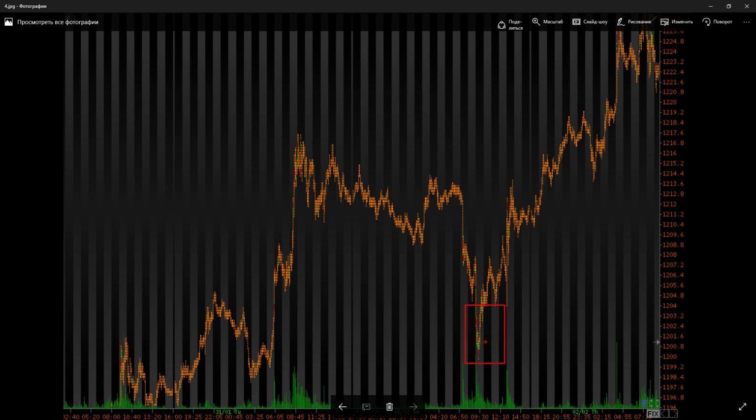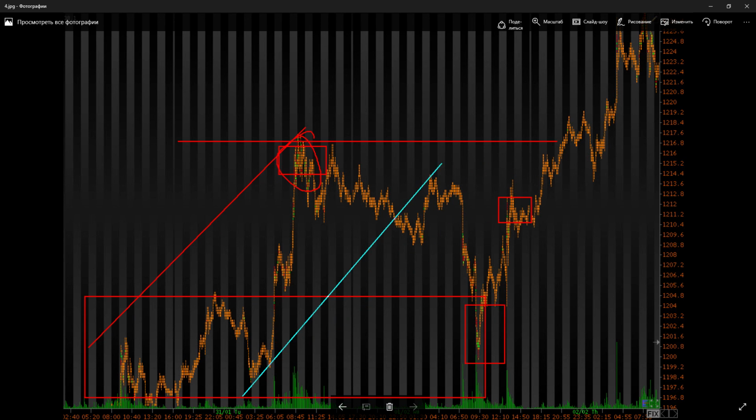Yes, some sellers were also here, but who is the winner? The buyer, and what did he protect? The zone. That's why volume in a test is more important than this volume or that one. But look, here volume also makes a resistance zone, not some line, not some channel. Real volume makes resistance, and real volume makes balance in the market.